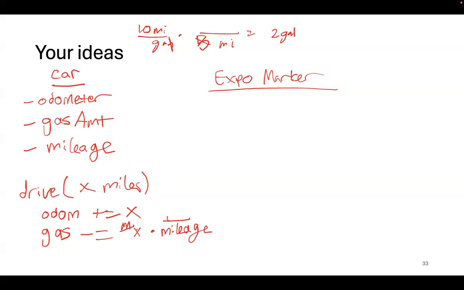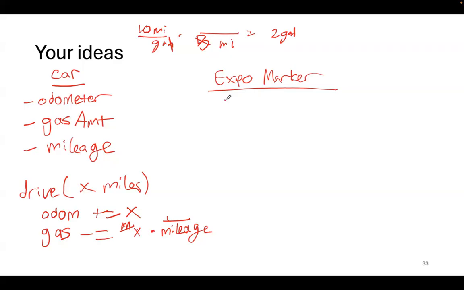I'm not sure if that math works out, but do you get what I'm saying? If I drive 5 miles and I have a certain mileage, then I do that multiplication, and that's how much less gas I have. So the properties about my object have changed.